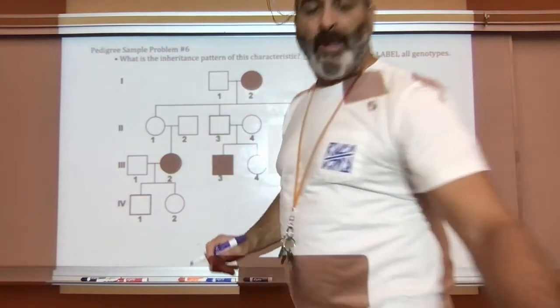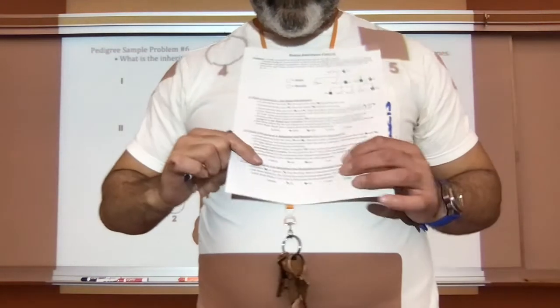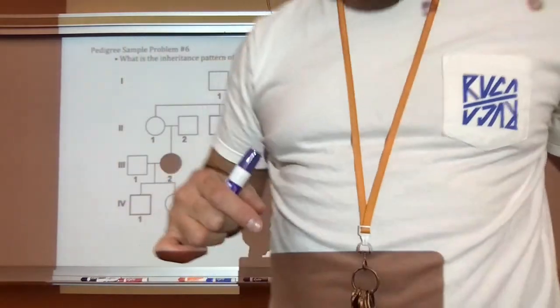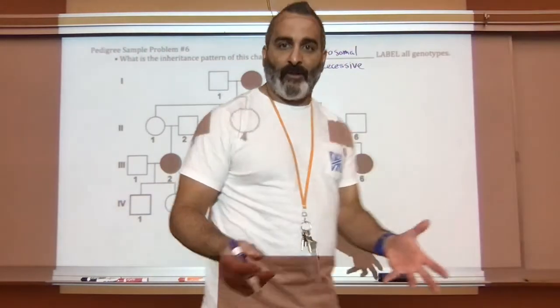Then you take your paper and you label these genotypes for autosomal recessive. You put them on your pedigree, and then you try to fill in the blanks.